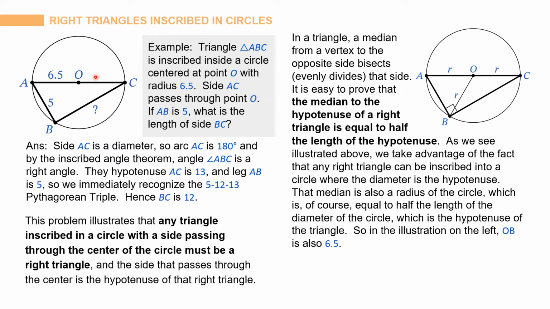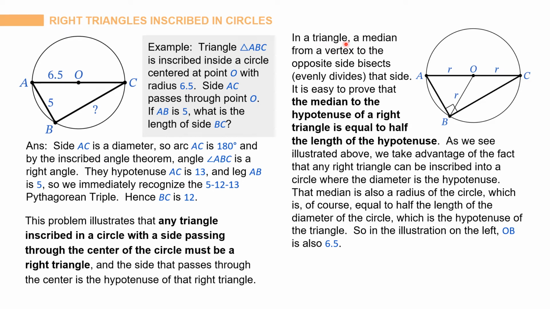That's the hypotenuse. You recognize the Pythagorean triple 5, 12, 13, and BC is 12. So this problem illustrates the important point that any triangle inscribed in a circle with a side passing through the center of that circle must be a right triangle, and the side that passes through the center is the hypotenuse of that right triangle.